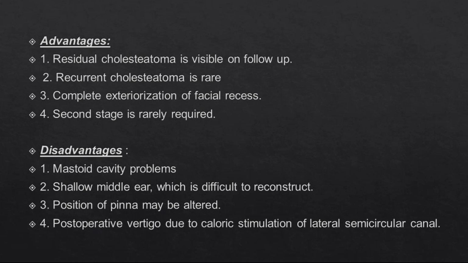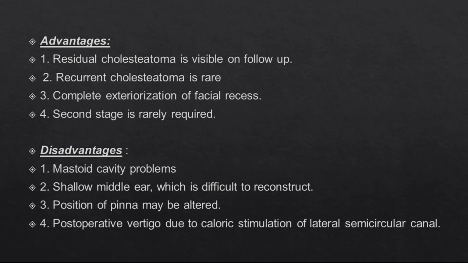So meatoplasty is nothing but, you see, this is the opening of the external auditory canal, and this opening is sufficient to ventilate the external auditory canal. But now you have to ventilate the mastoid also, so you have to enlarge the opening.